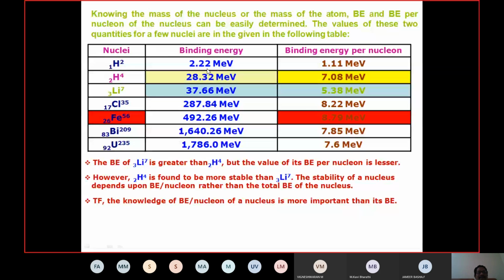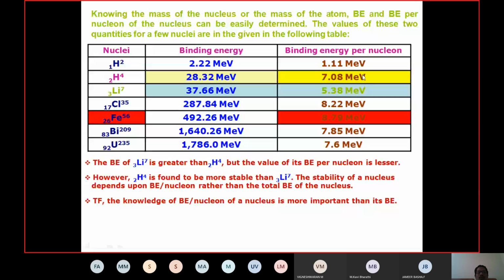But it is interesting to see that lithium, a very light nucleus, has a binding energy of 37.66 mega electron volt, which is greater than that of helium. But when you see the binding energy per nucleon, helium is 7.08 mega electron volt, which is higher than lithium.